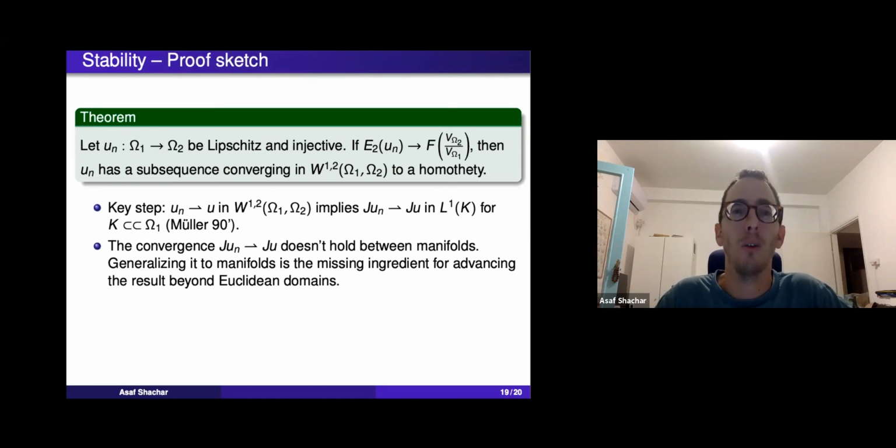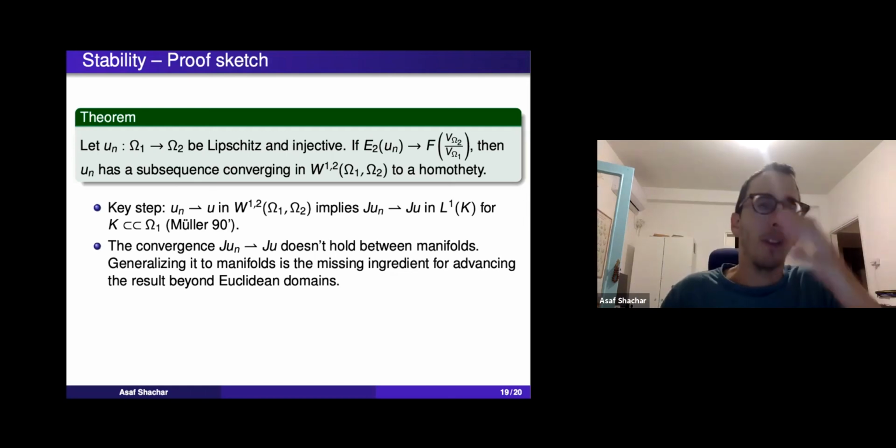And we have what's classically known as the higher integrability properties of determinants or Jacobians, the weak continuity of Jacobians, right? That if U_n weakly converges to U in W^{1,2}, then the Jacobians weakly converge in L^1 for any compactly contained subset. And the point here is that this key step doesn't hold as is between manifolds.